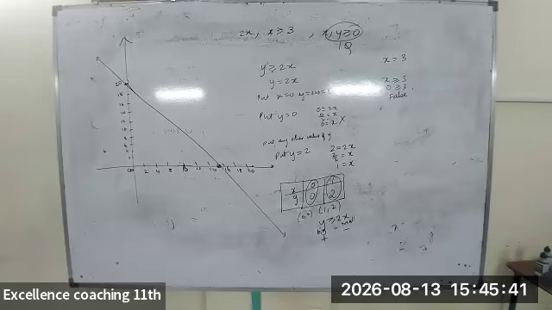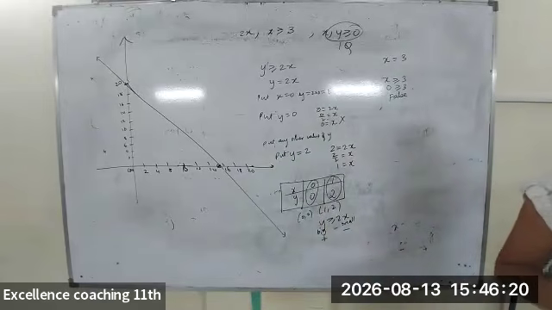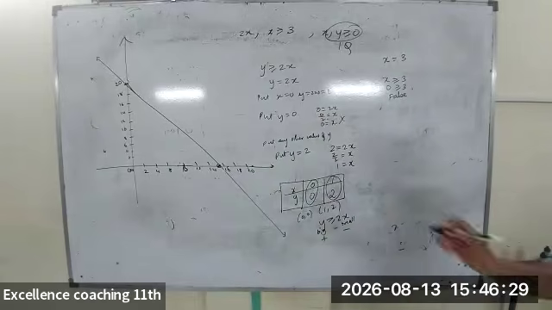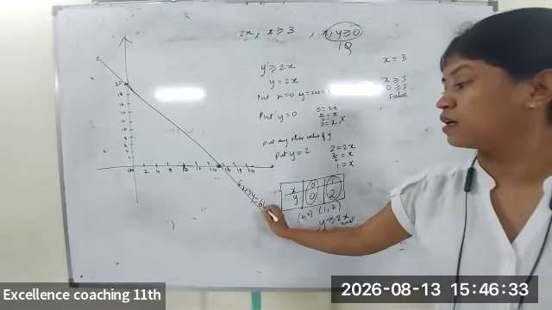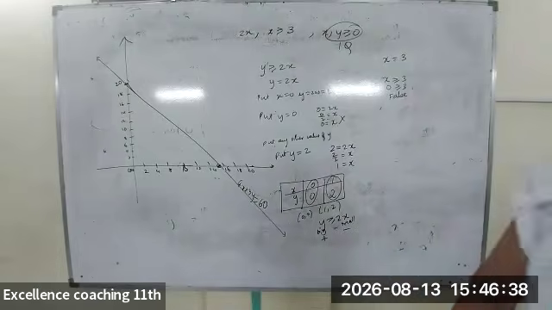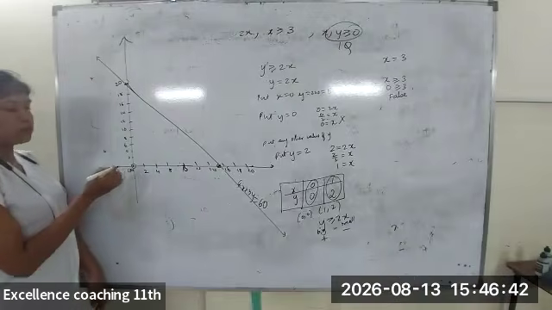Anyways on the x-axis you need up till 10 only. Maximum 10 will be. Sorry, 15. 1, 2.